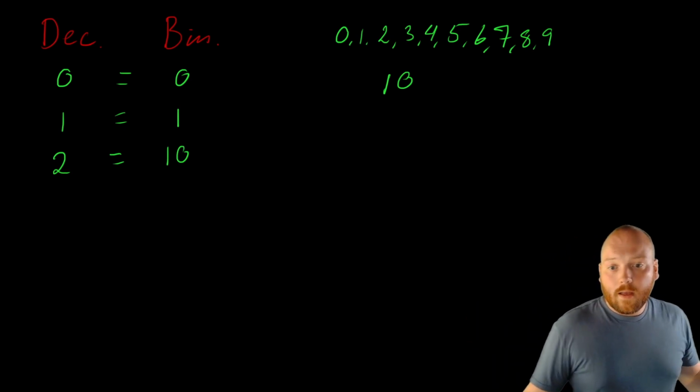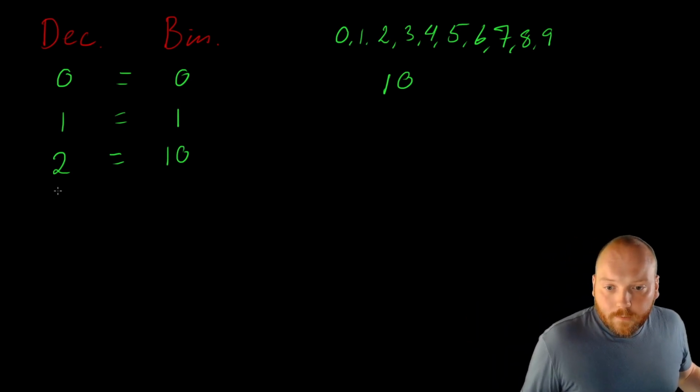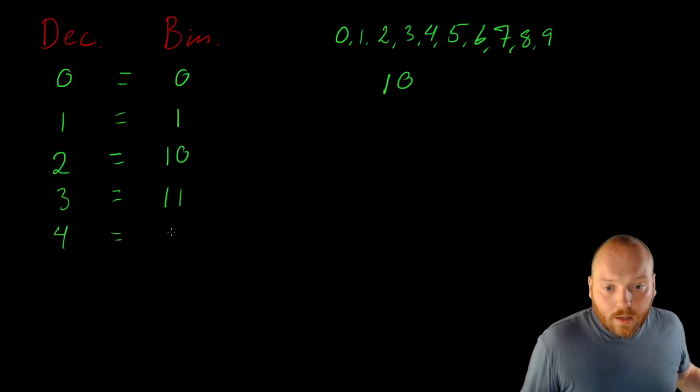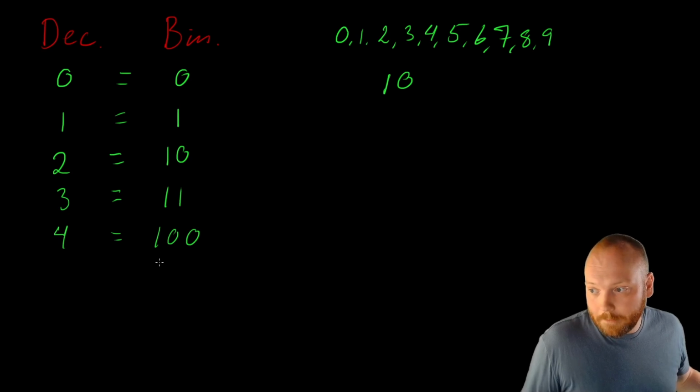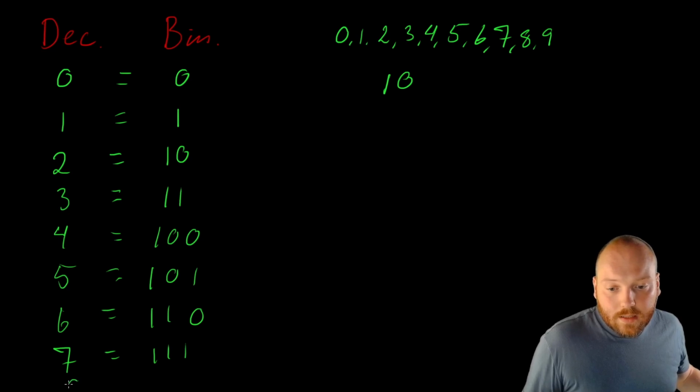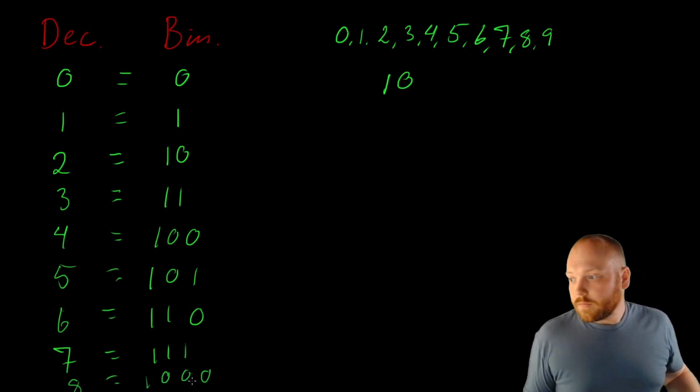And so if we keep going, 3 is 11, because 10 plus 1, so that's what that looks like. 4 is 100 in binary. And so it keeps going. 5 equals 101, 6 equals 110, 7 equals 111, and 8 equals 1000.